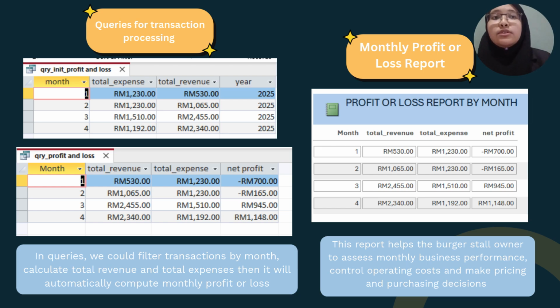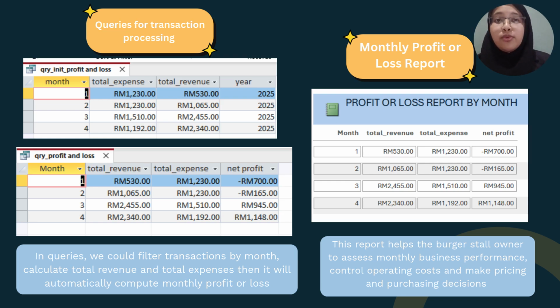Next, we go to the query profit and loss. In the query profit and loss, we add the net profit, which is the total revenue minus the total expenses. So in January, we got negative 700.